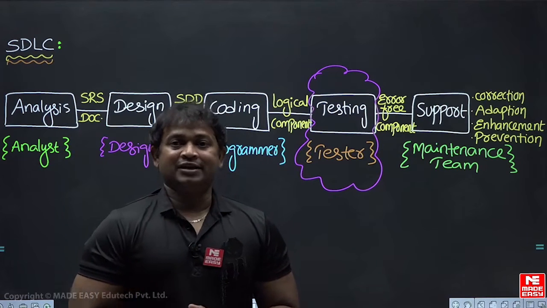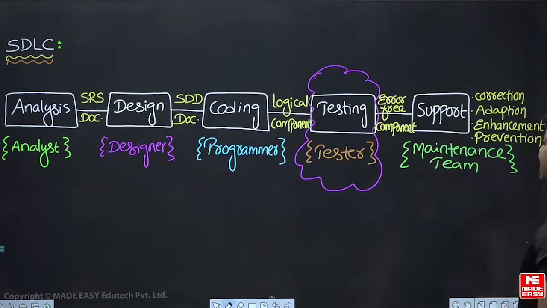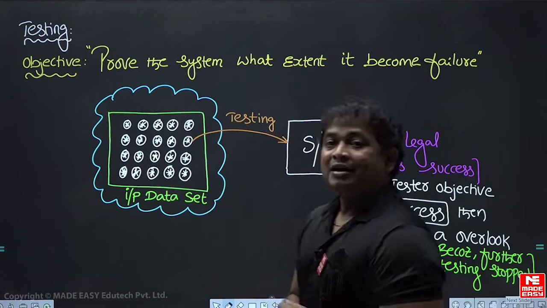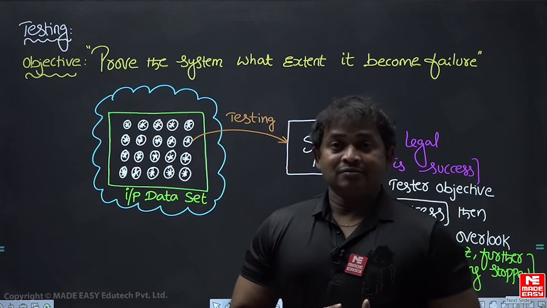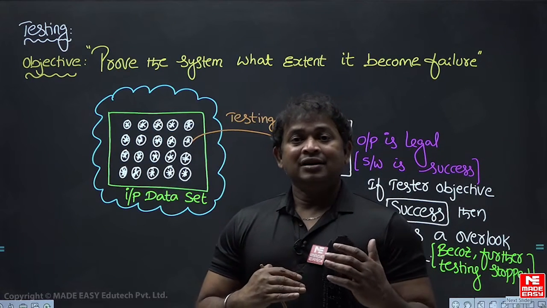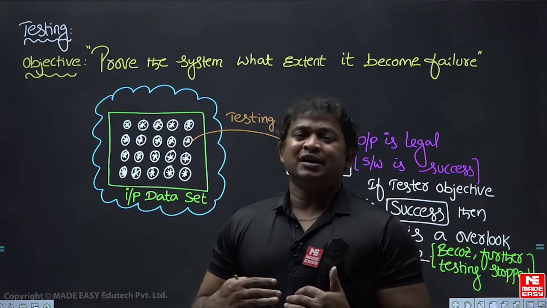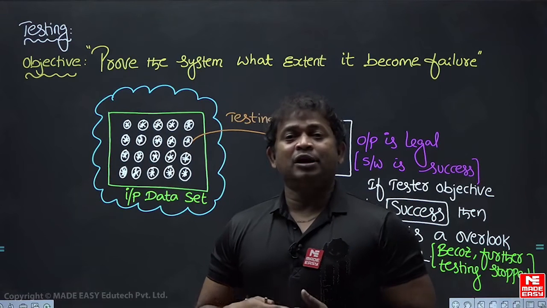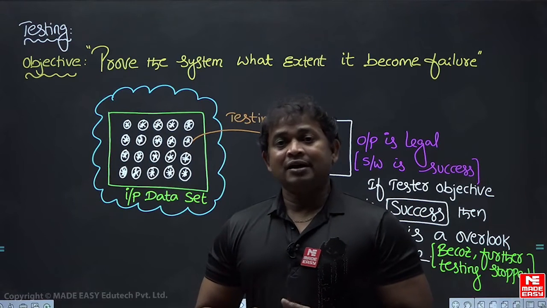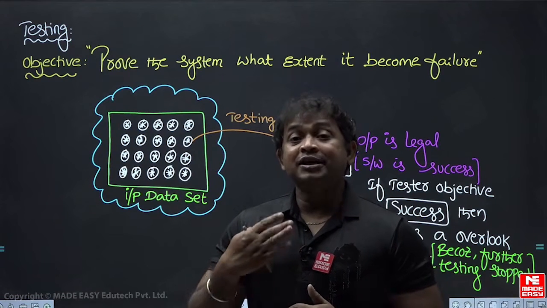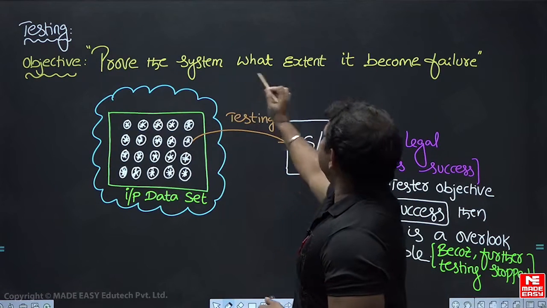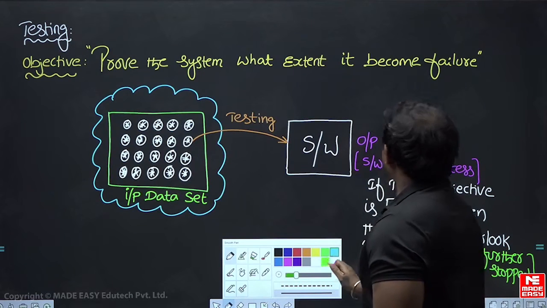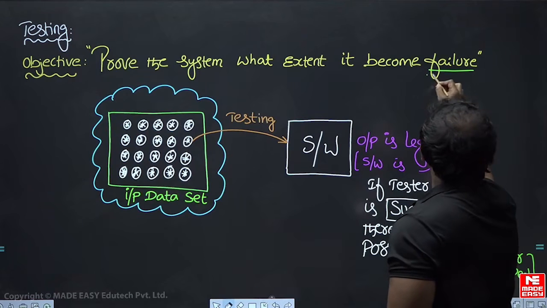Now, if we see the testing, the tester's objective is, in the testing stage, a testing team is there. You can say individually a tester is there. The tester is not a programmer. So the testing team's objective is to prove to what extent the system becomes a failure. This is important here: to what extent it becomes a failure.